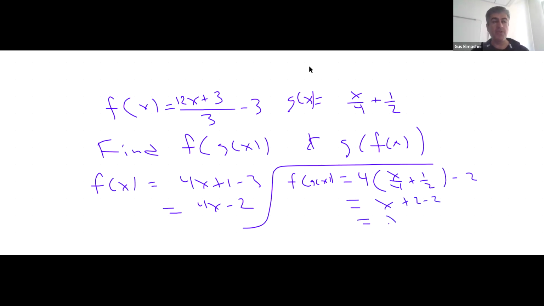Okay, but you get x for the first one, right? Wait, where'd you get the -2 from? Oh. I simplified f of x first. Yeah. Okay, then let's do.